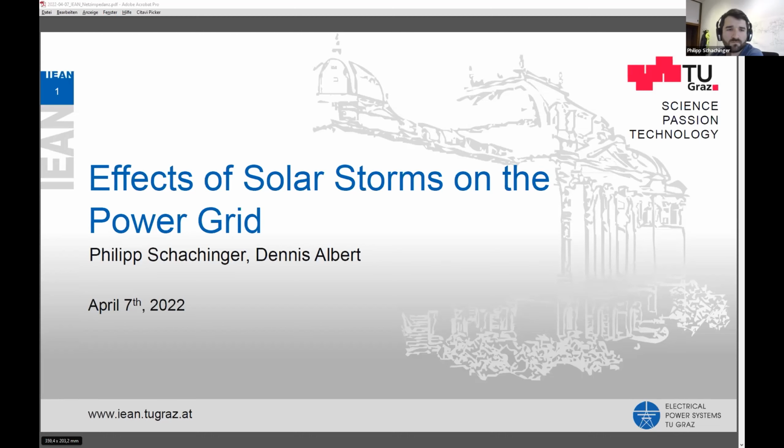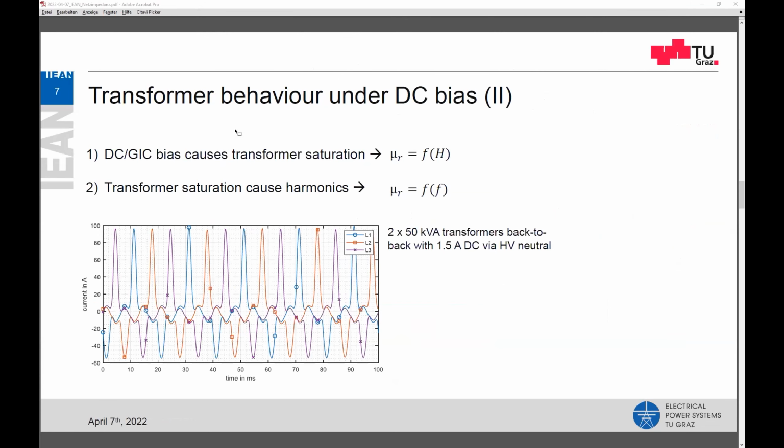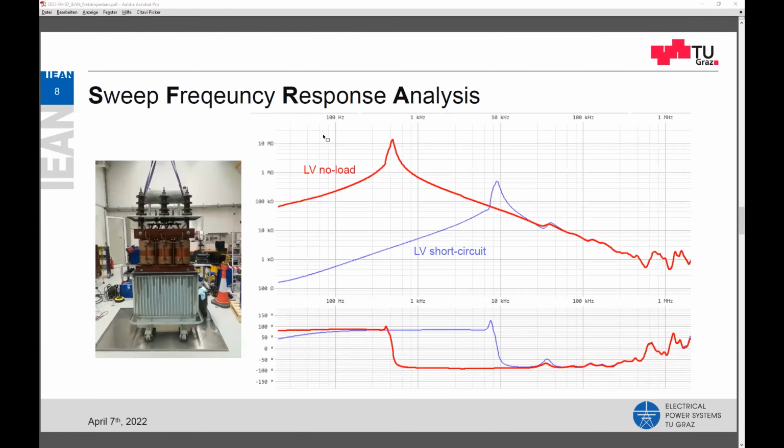Okay, thank you so much. Yeah, and another question is, I think at the presentation slide 8. Measurement. Yeah, this one. This is the measurement of the transformer, or is this some part of the grid?